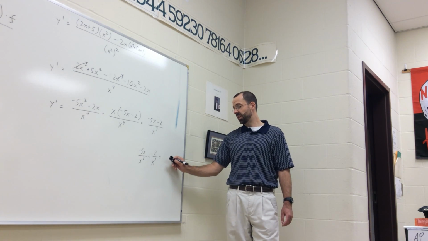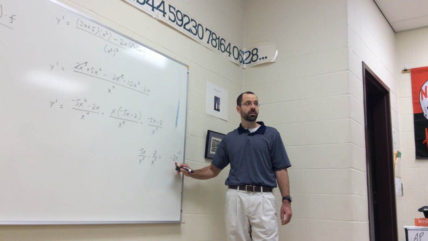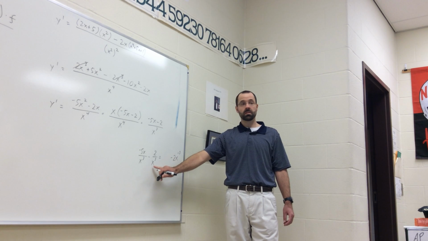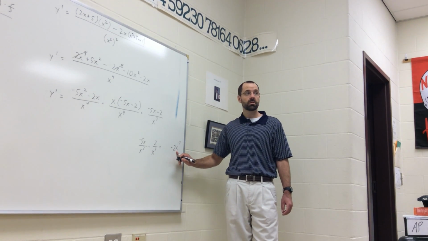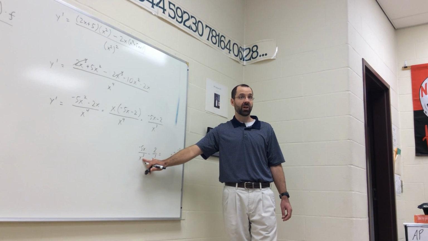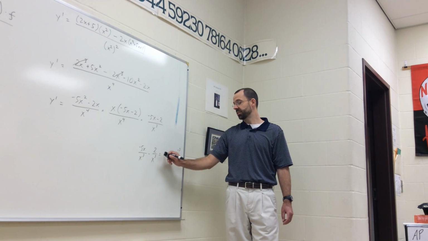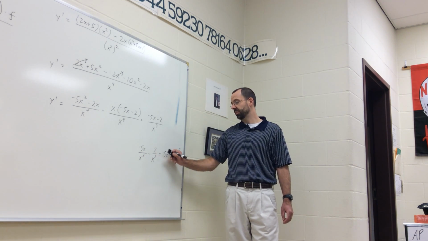So then after the minus, that's 2x to the negative third, right? And before the minus, it would end up being x squared on the bottom if one of the x's canceled. So that's negative 5x to the negative 2.